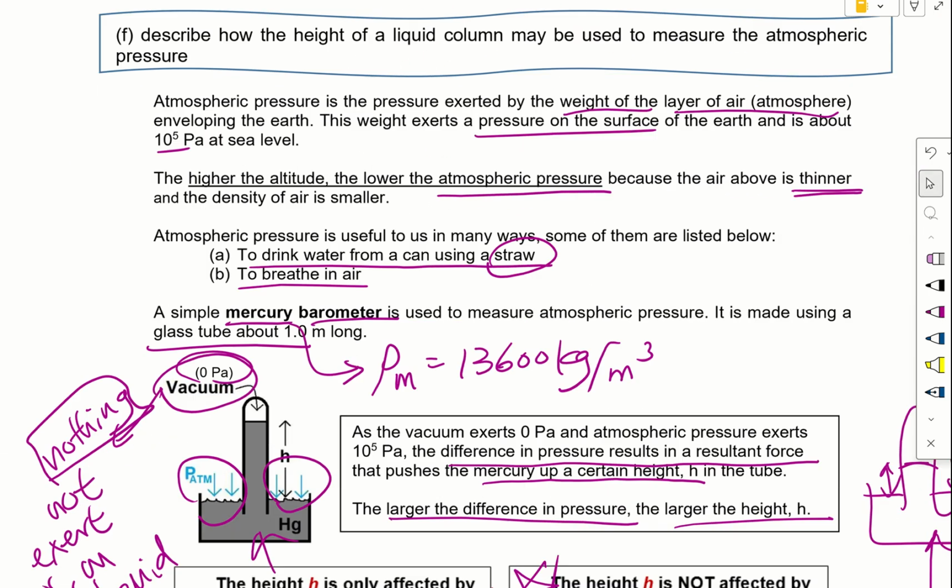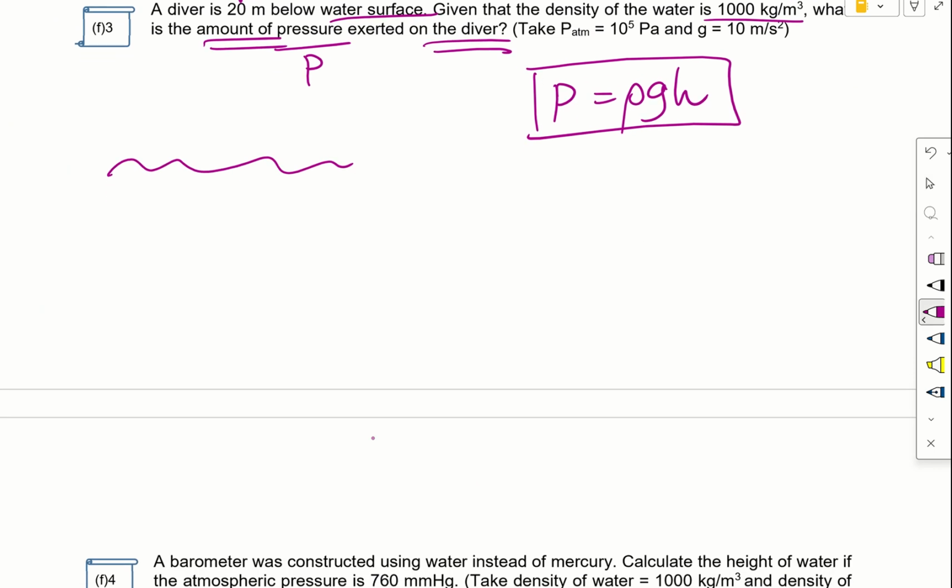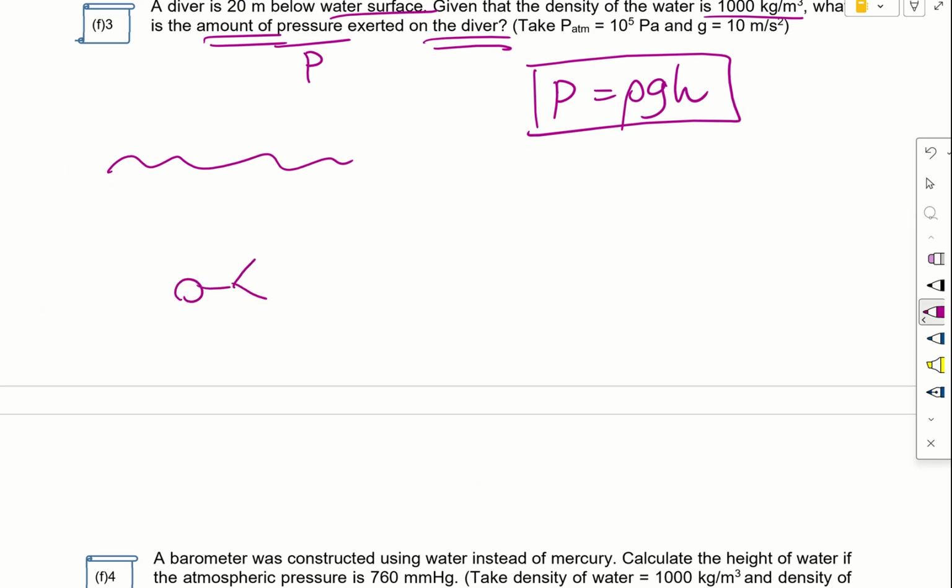But now that we learn about atmospheric pressure, imagine the diver is over here. We have this height of 20 meters, and on top of here we actually have PATM, right?